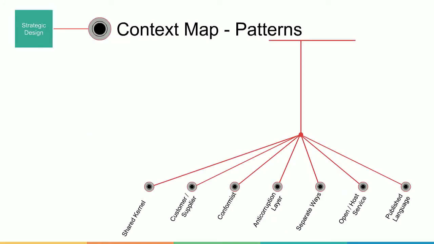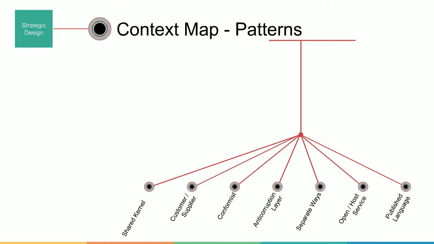The context map categorizes these contexts into 7 patterns. And please be aware here that the word pattern doesn't mean best practice pattern. Those are patterns that happen in the real world. And I would say in any aspect of life, patterns that happen in the real world can be nice, but they can also be really ugly.